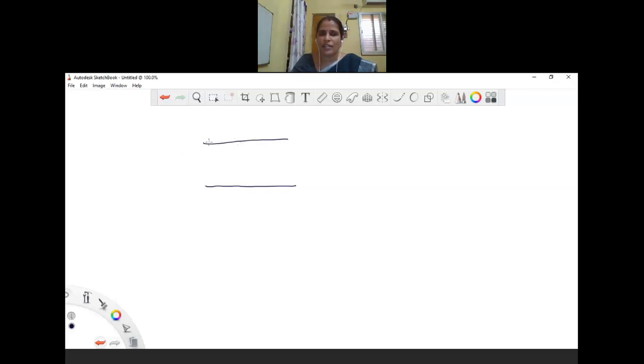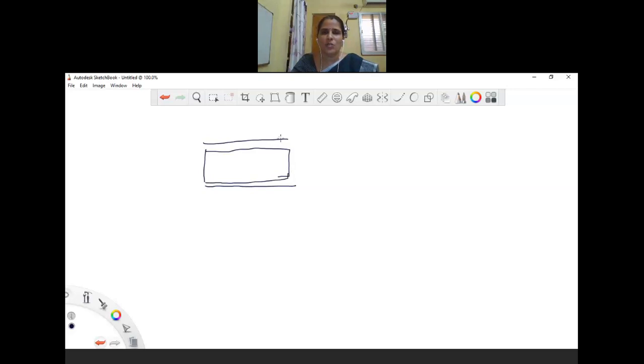Okay, and these two conductors are assumed to be electrically neutral. What do you mean by electrically neutral? These two conductors have an equal number of positive and negative charges. Okay, and between these two conductors we are going to place a dielectric material.